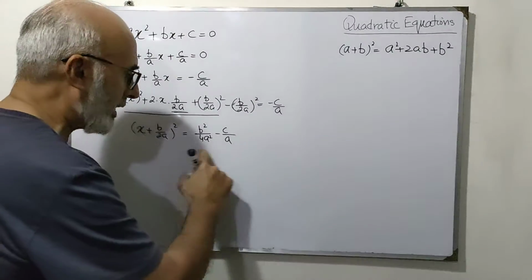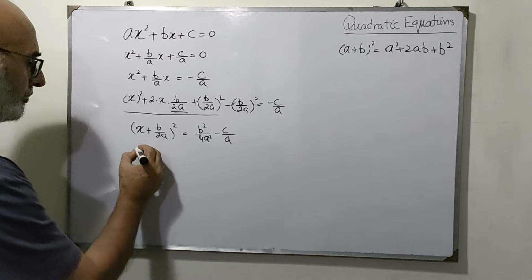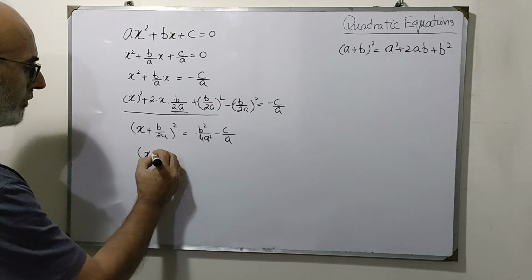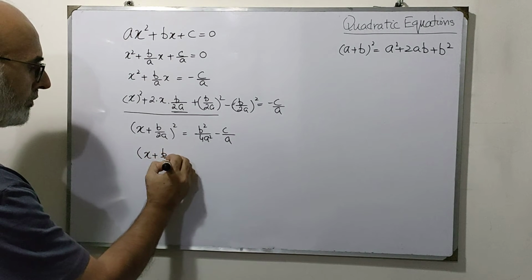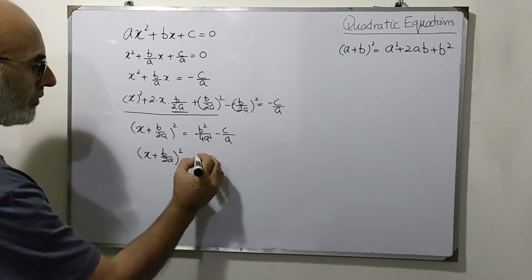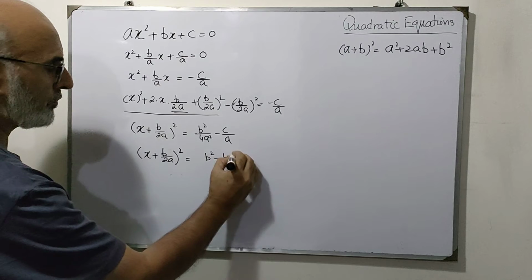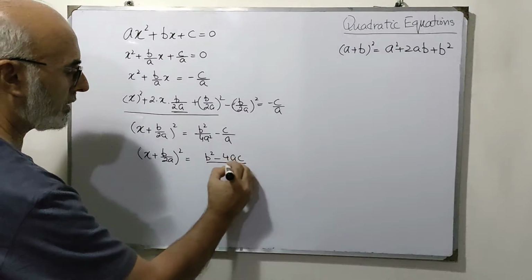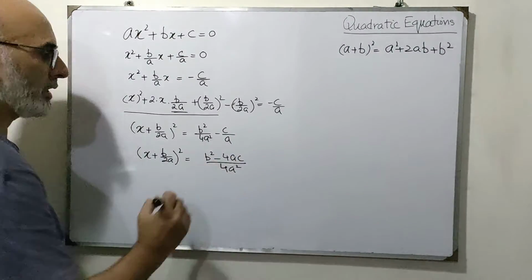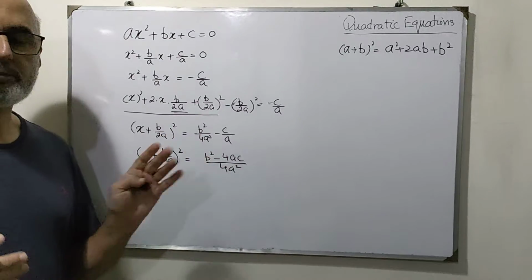Now let's simplify this right hand side. So b square minus 4ac over 4a square, the simplified form.